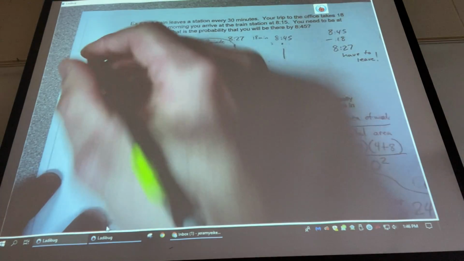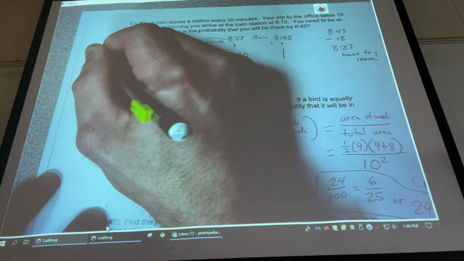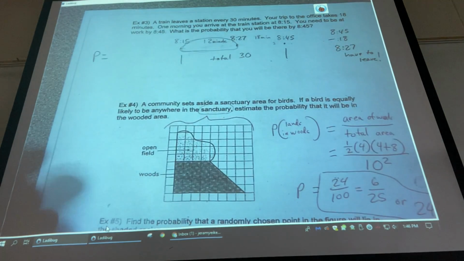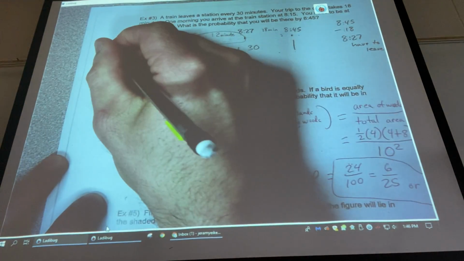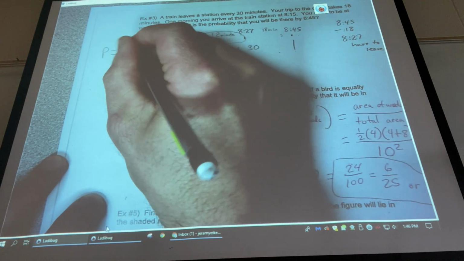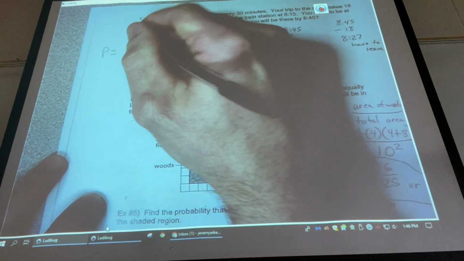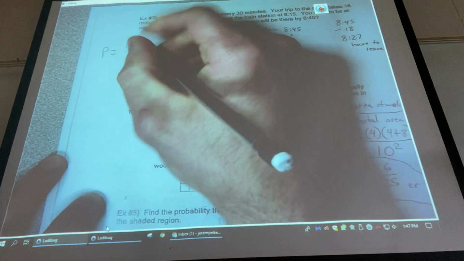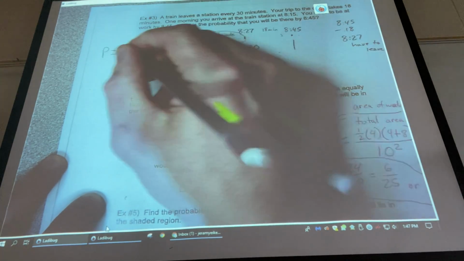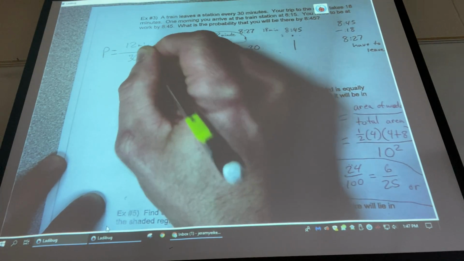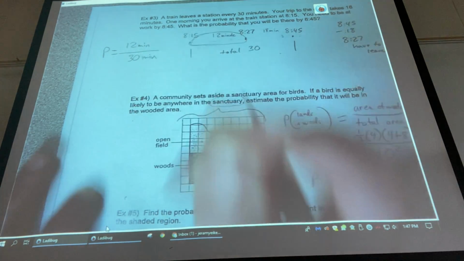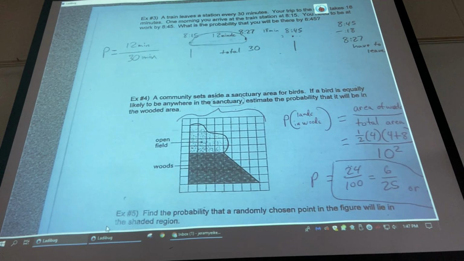So if we're gonna get the probability that you are on time, it's gonna be the amount of favorable minutes, which is what? 12 minutes divided by the total that it could be, right? Divided by 30 minutes. Does that reduce? 2/5. What is it? 2/5.